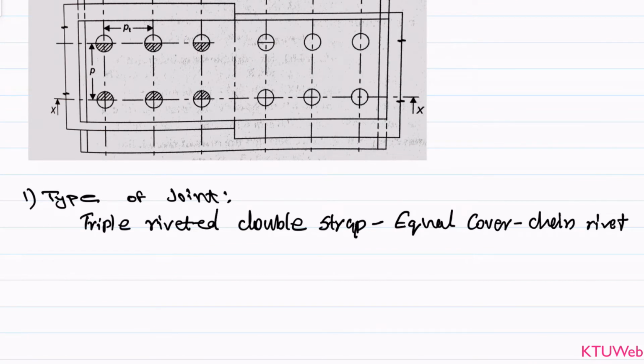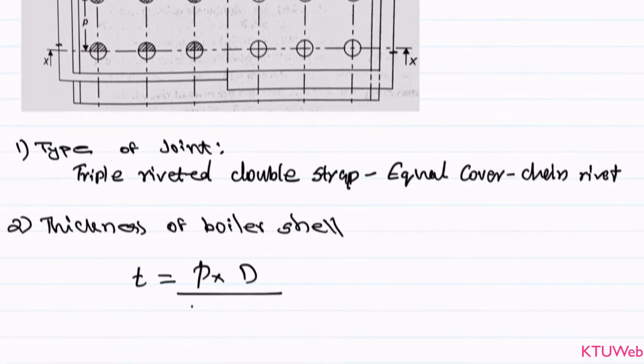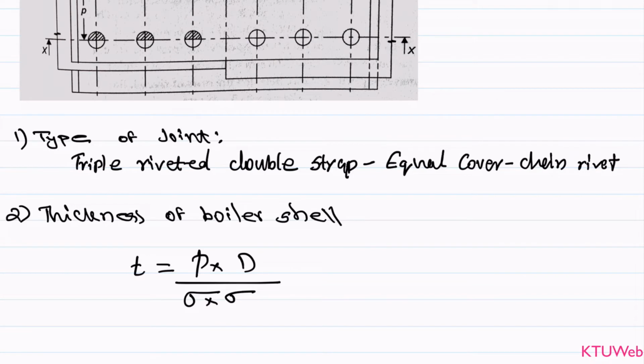In step 2, we have to find the thickness of the boiler shell. As we discussed in the hoop stress equation, it is given by thickness T is equal to P into diameter of that container divided by 2 times sigma T into efficiency, plus the corrosion allowance. So this is the basic equation.